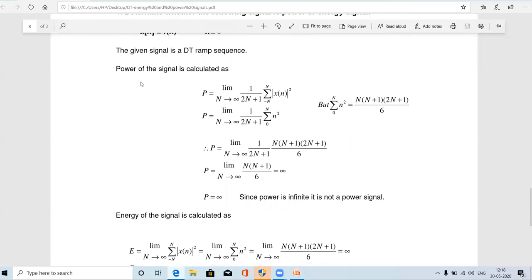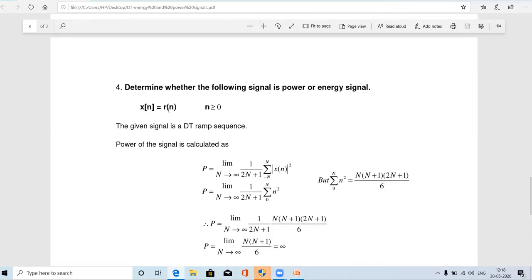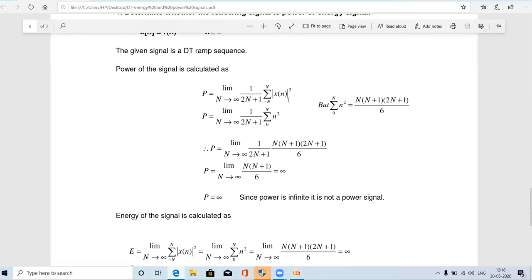So the power formula we calculate as power P equal to the same formula we have to write. What is the x of n? The x of n is nothing but the r of n formula, r of n is equal to n into u of n. So the x of n value is n. x of n squared, so n squared, and summation 0 to n squared.